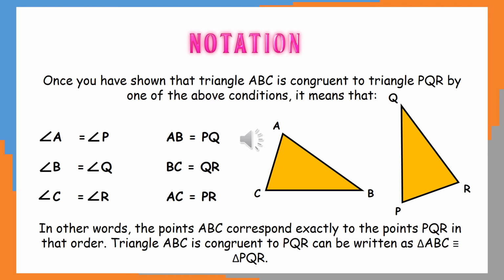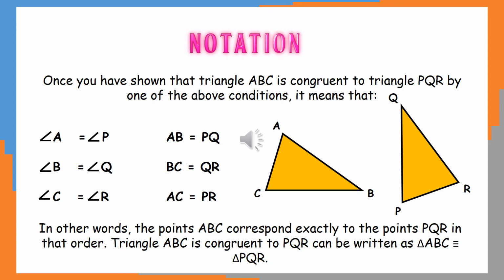In other words, if two triangles are congruent, the corresponding angles are equal and the corresponding sides are equal. The points ABC correspond exactly to the points PQR in that order.